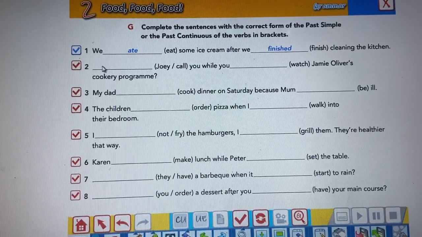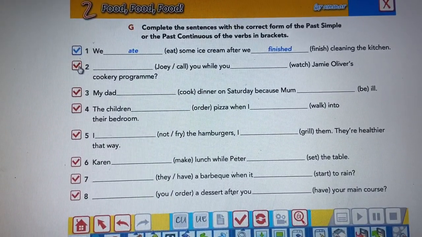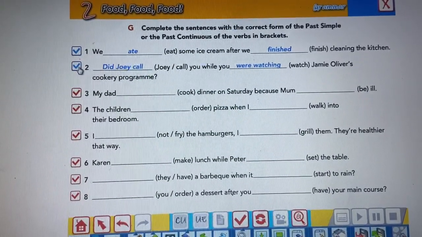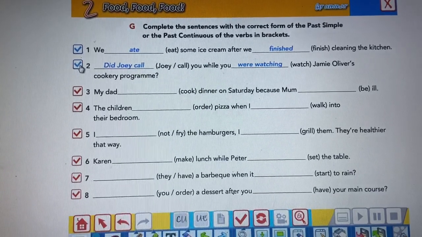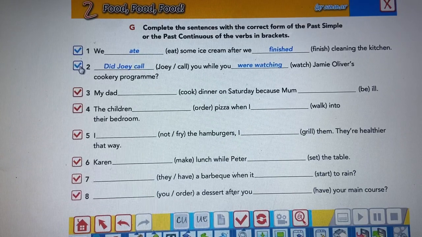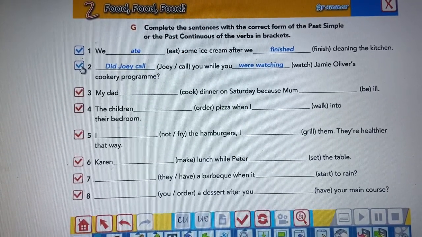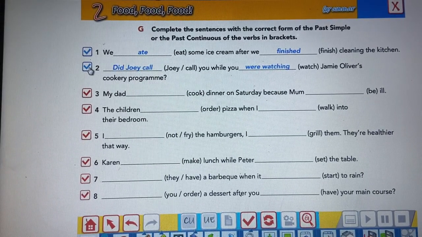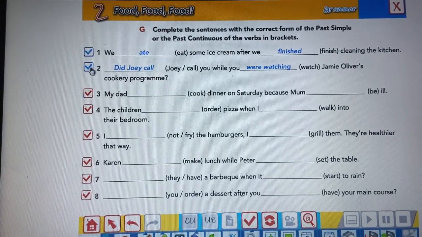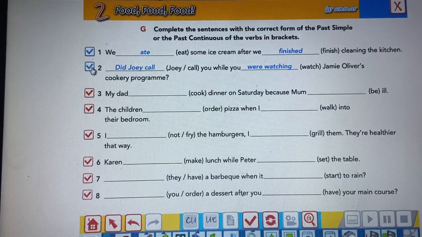So did Joey call you while you were watching Jamie Oliver's cookery program? So in the first part of the sentence, we use the past simple, and in the second part, we used the past continuous because we have while.